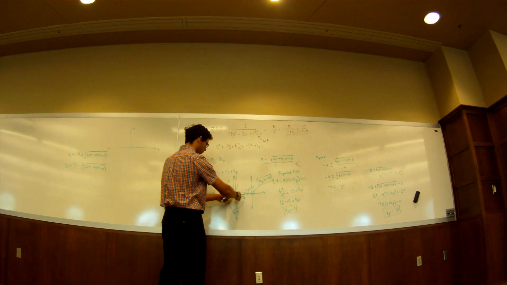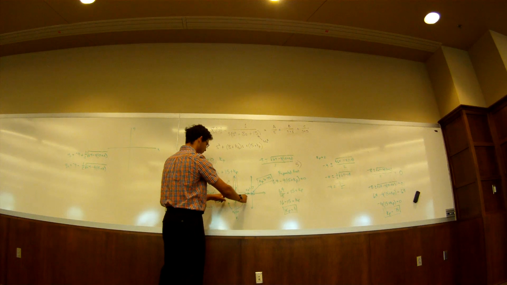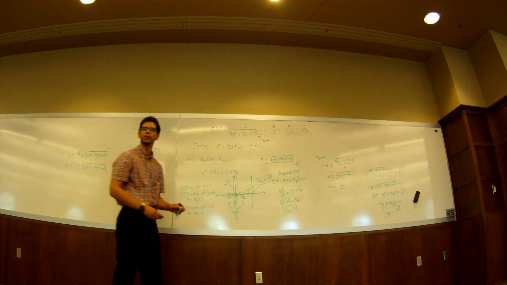Basically, kp greater than 0 is this, kp less than 0 is this, and then poles at kp 0 are here and here. I would say that would be sufficient.